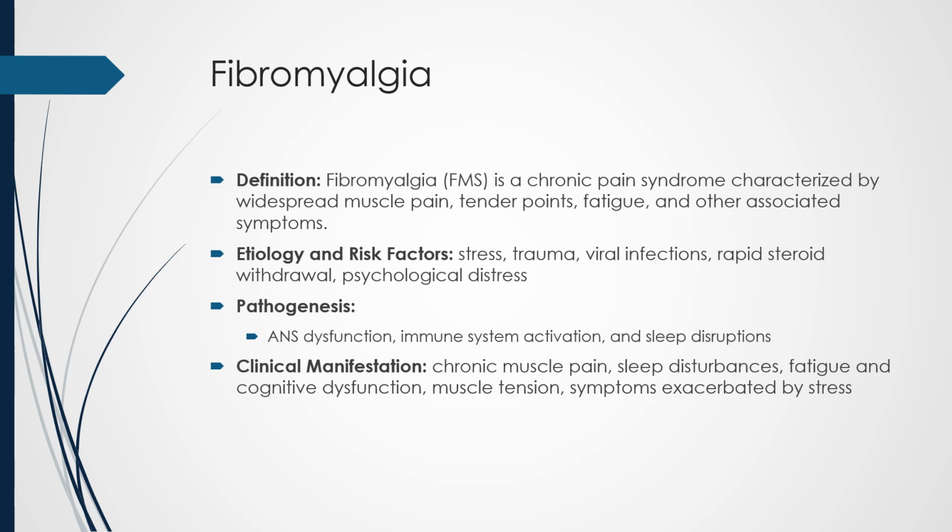Immune cells release pro-inflammatory cytokines, which can sensitize the central nervous system, amplifying pain via glial cells in the spinal cord. Sleep disturbances are a hallmark of fibromyalgia, and evidence suggests a relationship between the immune system, sleep-wake cycles, and chronic pain.